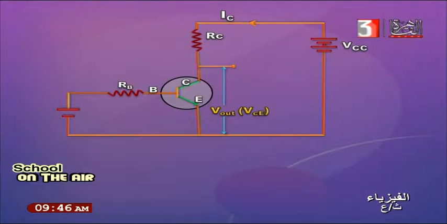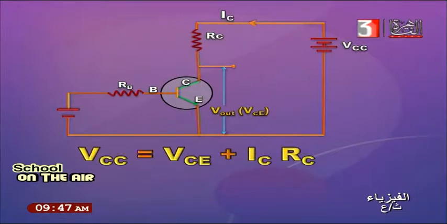The product of RC and IC will give a voltage on the collector. In addition to the voltage across the collector emitter, both of them will add to give VCC. So VCC equals VCE, the voltage across collector emitter, plus IC RC.